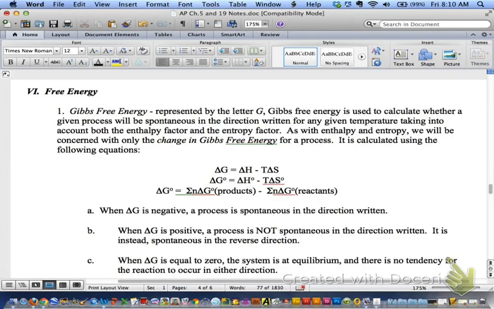Also in 5th and 7th periods yesterday, we did an introduction to changes in entropy, which is the level of randomness or organization of a system.